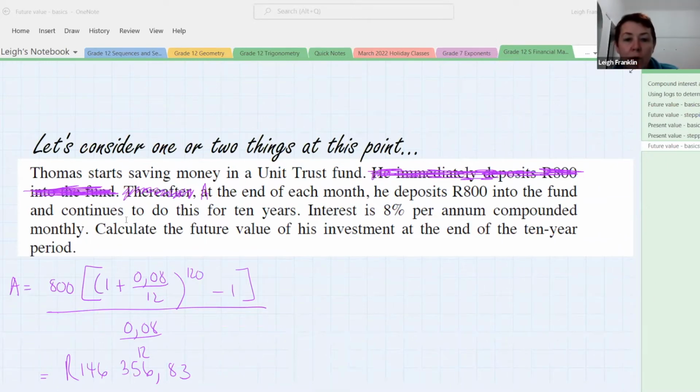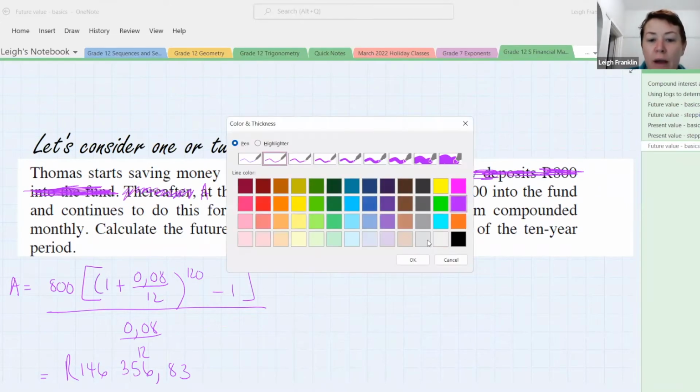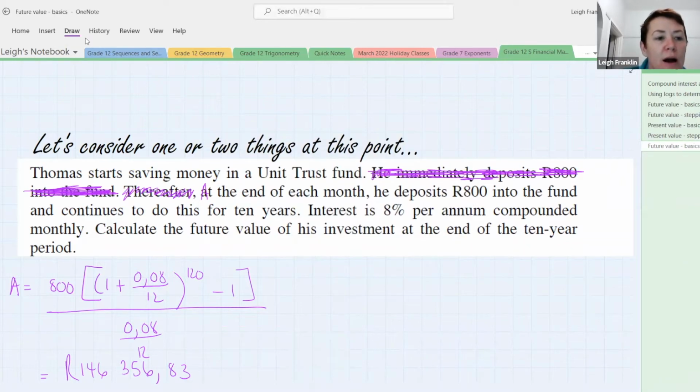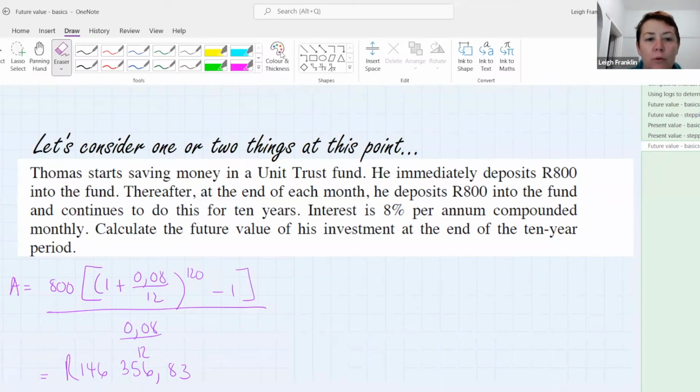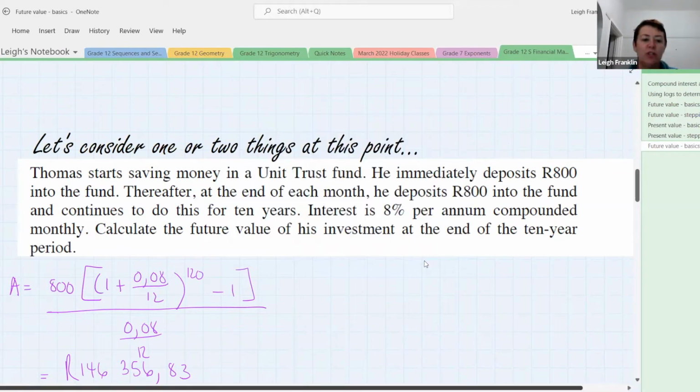Okay, now what I want us to do is consider what happens when we include this sentence. So in other words, I'm going to rub this out. He immediately deposits 800 Rand into the fund and thereafter at the end of each month, how does that change what we have in purple? What's going to change here?